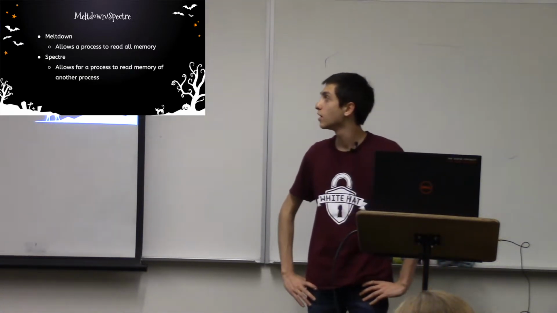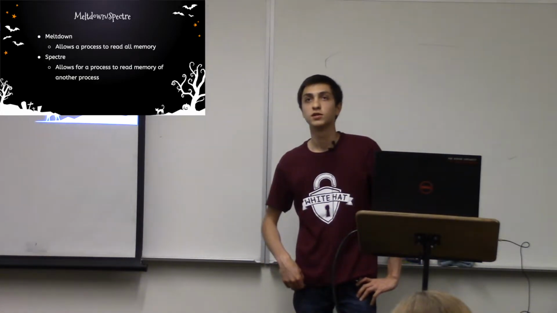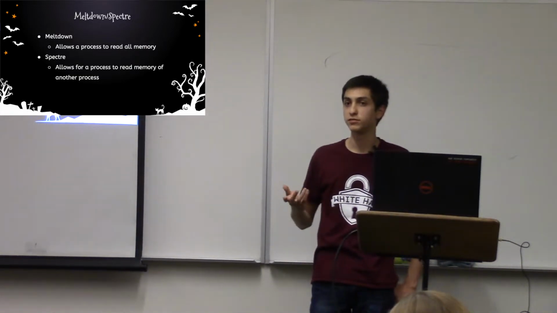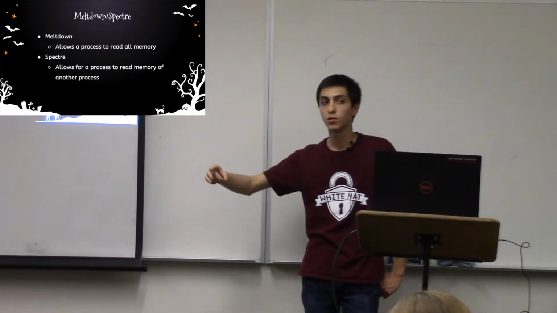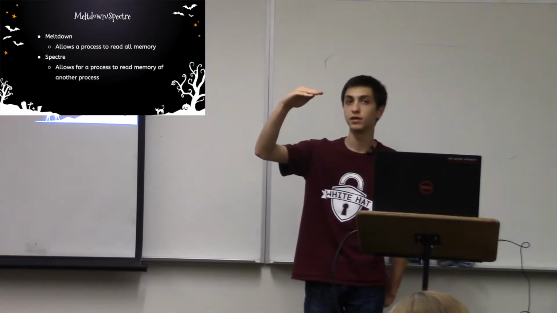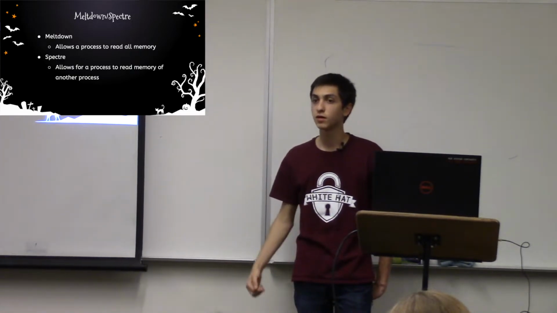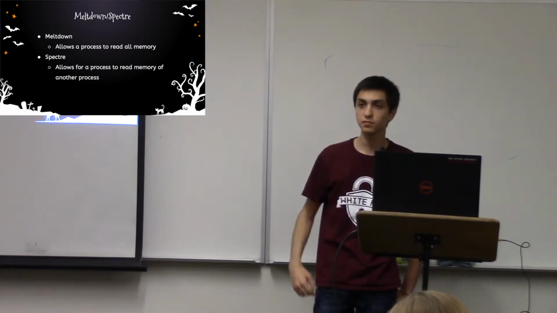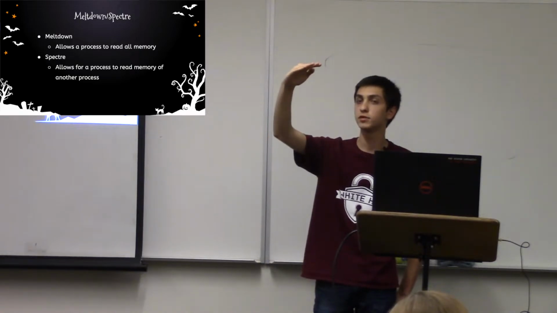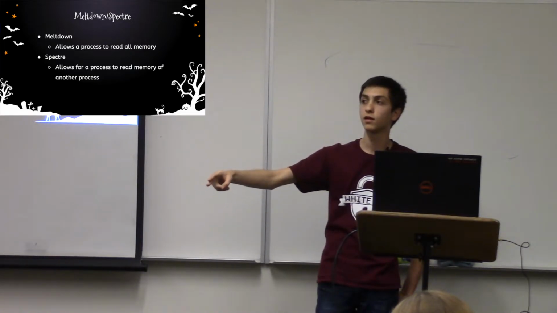And Spectre is similar, except that it relies on branch prediction. Say there's an if statement in your program, it's going to go down one branch if the condition fails, and down the other if it passes. But to go fast, while it's checking that condition, your computer is going to choose the most likely branch and execute those instructions while it's waiting for the condition.